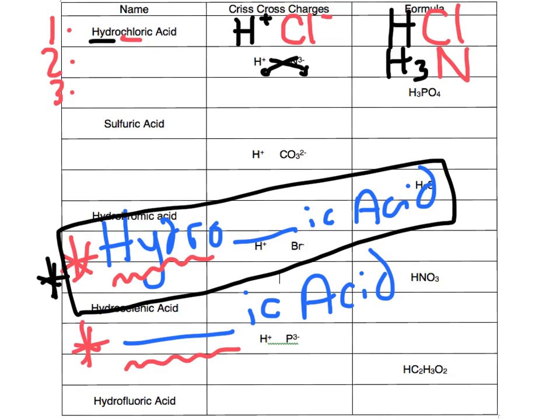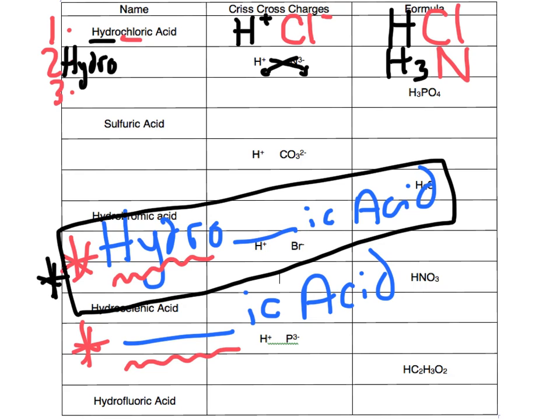Okay? So I don't know if I'm going to be able to fit this on here, but I'm going to try. So hydro is what I start with. And then I need to mention the identity of the anion. And so nitrogen is nitro, basically. I drop the end, though, of the word. Okay, just like for hydrochloric acid, I dropped the chlorine part at the very end. So I dropped the -ine.